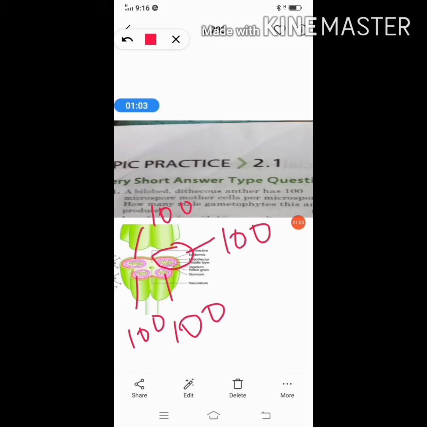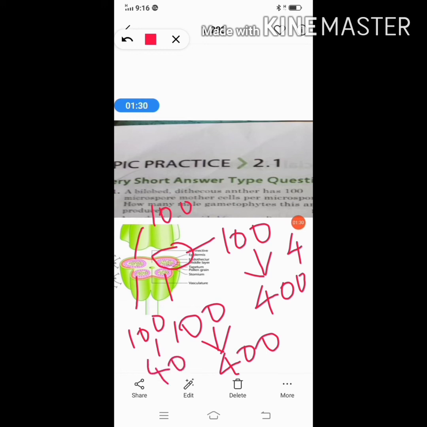Each microspore mother cell undergoes reduction division. Each microspore mother cell gives 4 microspores or pollen grains. As there are 100 microspore mother cells in each microsporangium, it will produce 400 microspores or pollen grains.